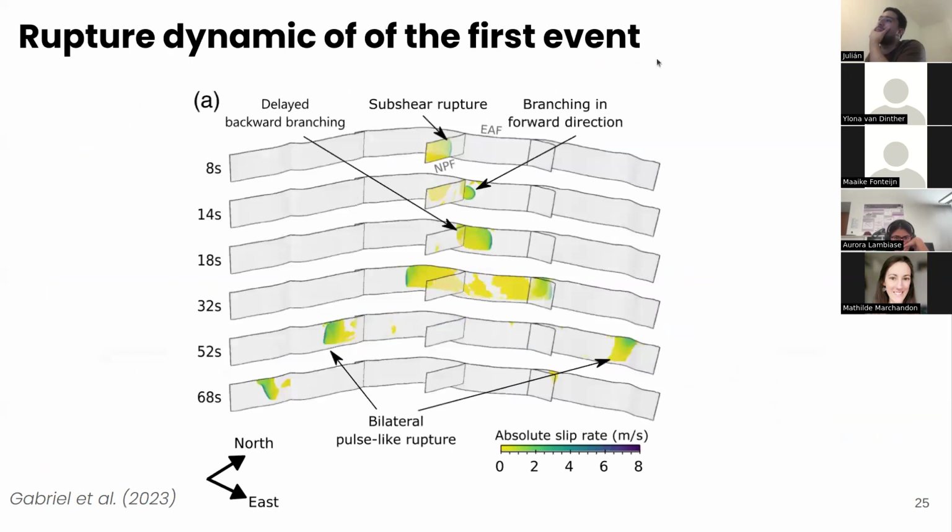You can see this on this figure also. First the earthquake nucleated here, then reached the fault intersection, started to rupture in the northern direction, and then after some delay, started to rupture in the south direction.